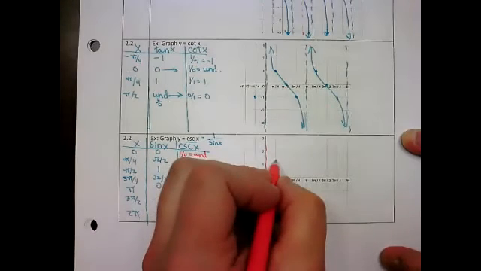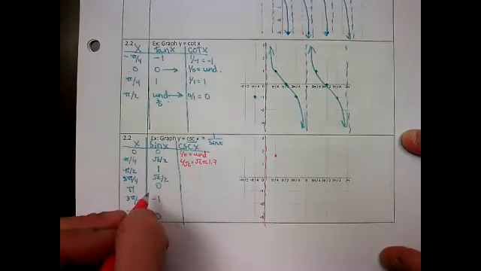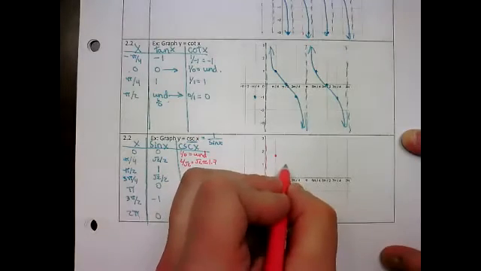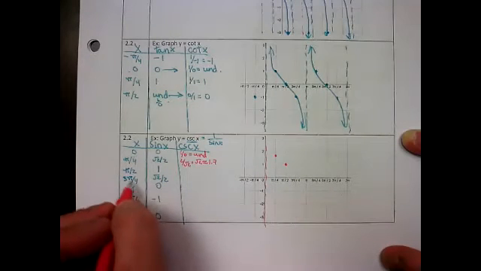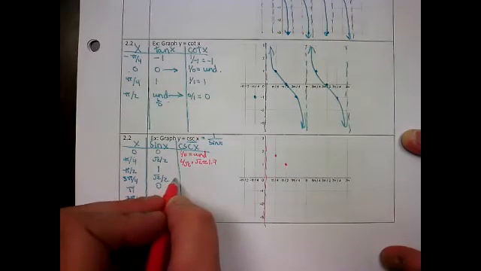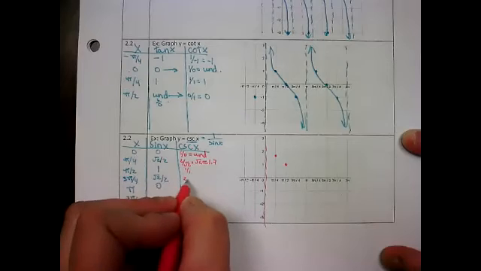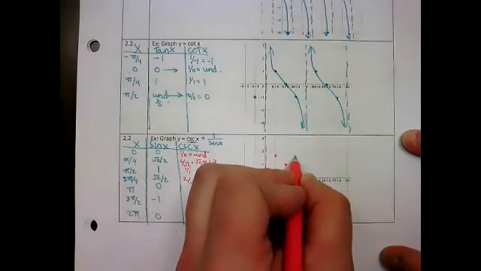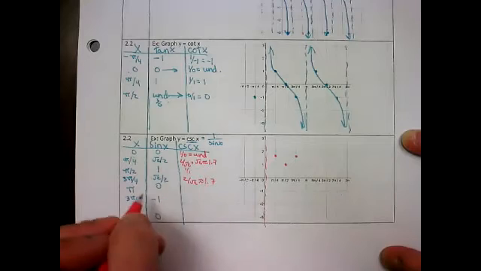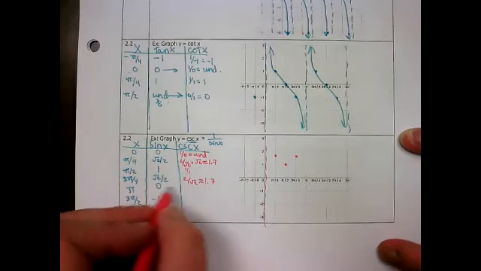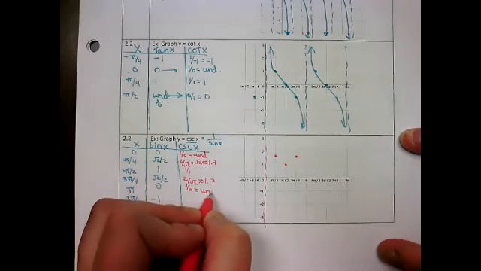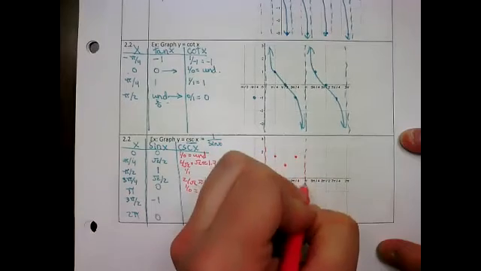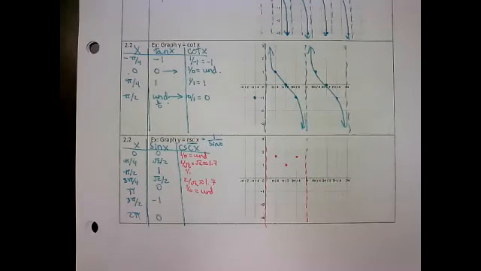So pi over 4 is about 1.7, pi over 2 is going to be 1, and 3 pi over 4 is the same thing, approximately 1.7. And then pi is 0, so it's going to be 1 over 0. That's another undefined. So it looks like our period is changing, but wait and let's see what happens here.